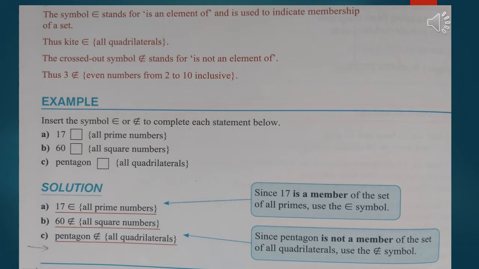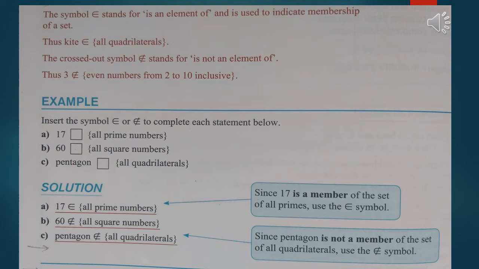For further examples, insert the symbol "is an element of" or "is not an element of" to complete each statement below. Part A: 17 is in a box there, all prime numbers.